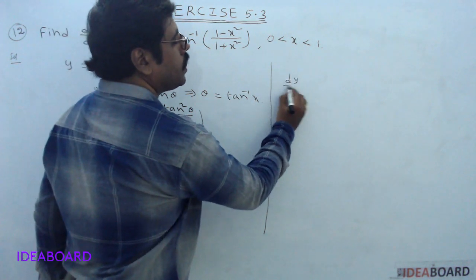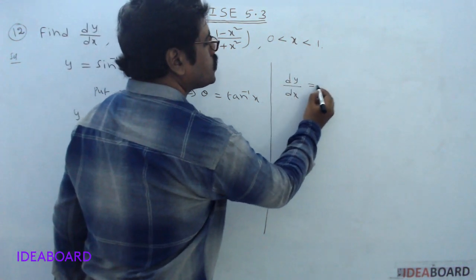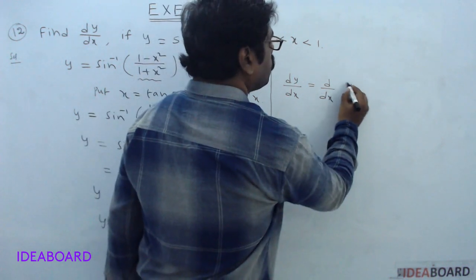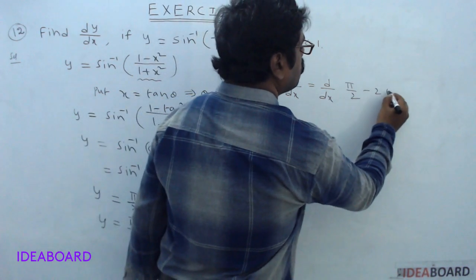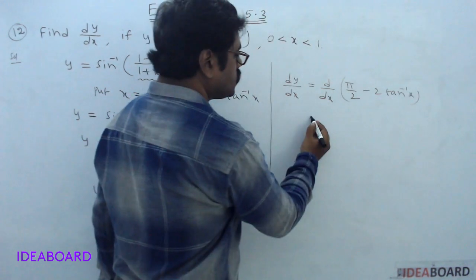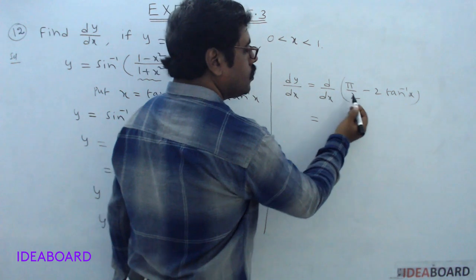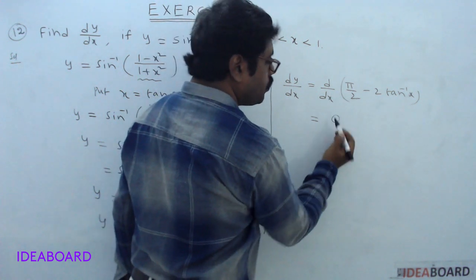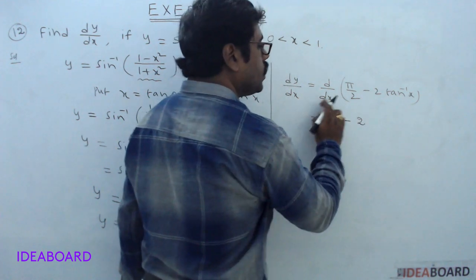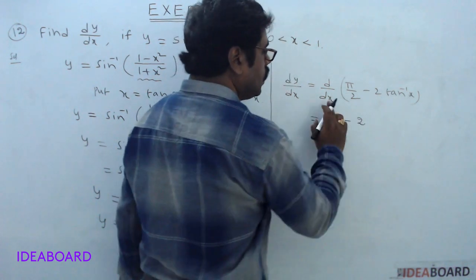So dy by dx equals the derivative of pi by 2 minus 2 tan inverse x. Now this equals the derivative of the constant term, which is 0, minus 2 into the derivative of tan inverse of x.